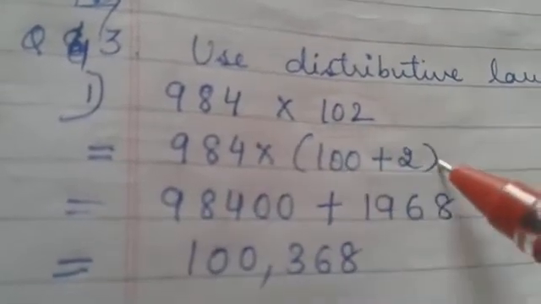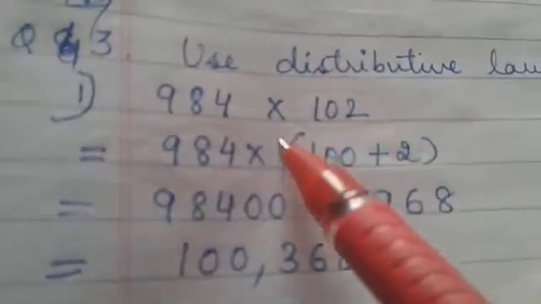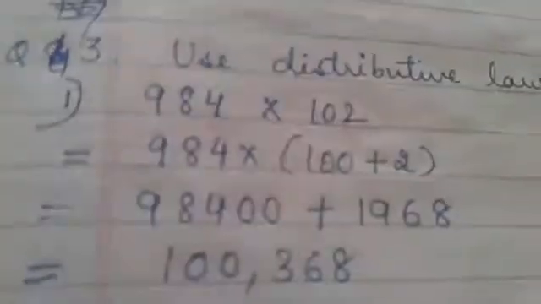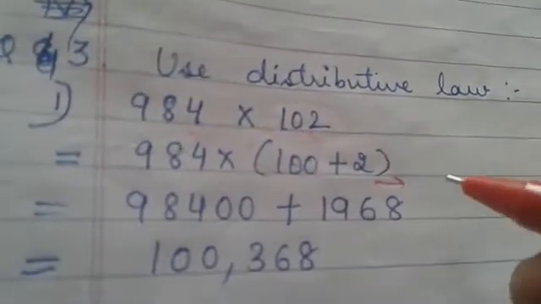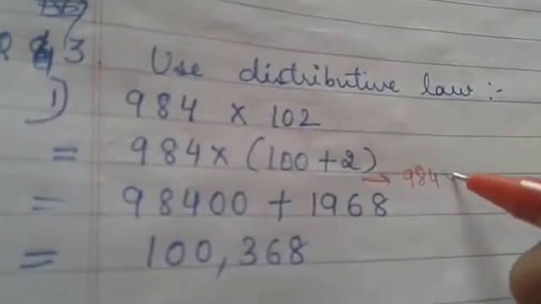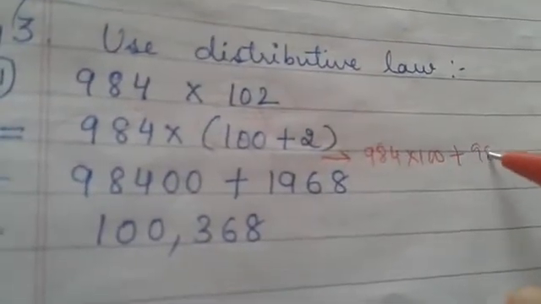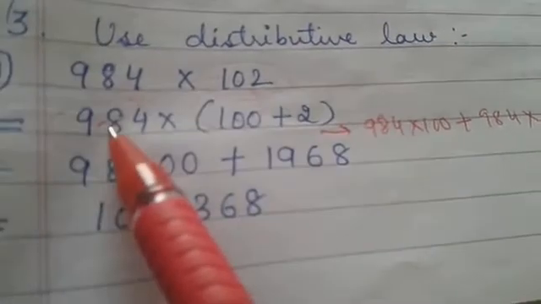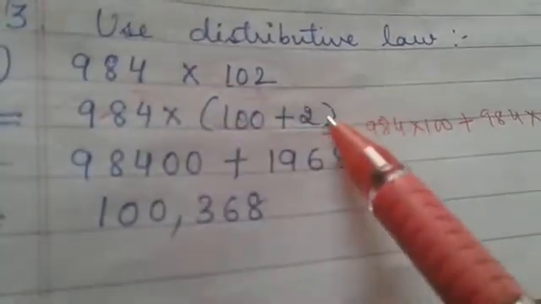Now what does distributive property say? 984 multiplied by 100 plus 984 multiplied by 2. So I am reopening this bracket.